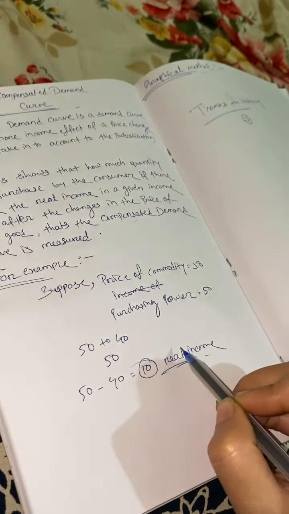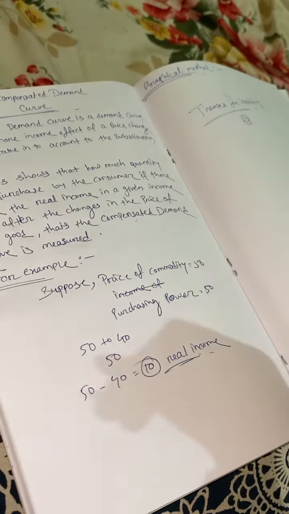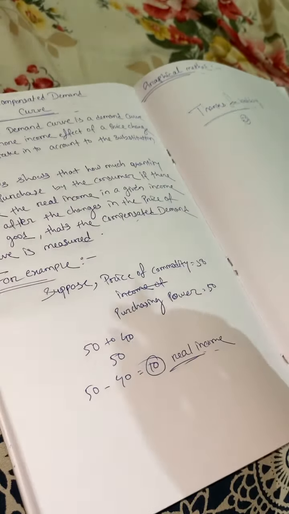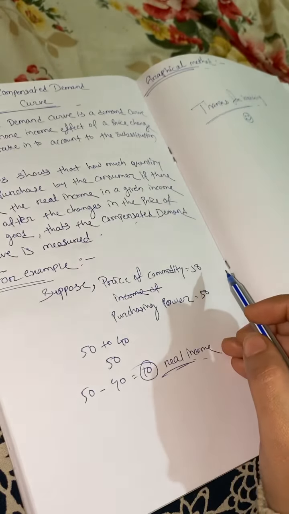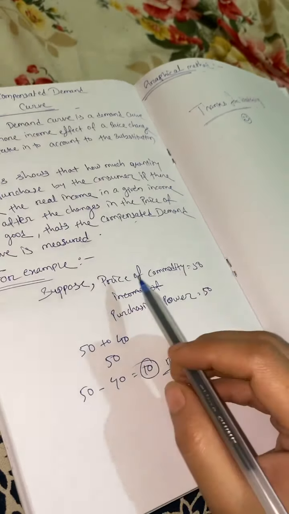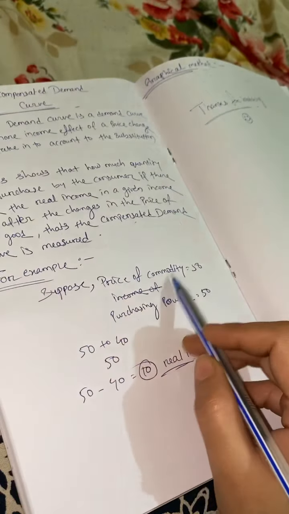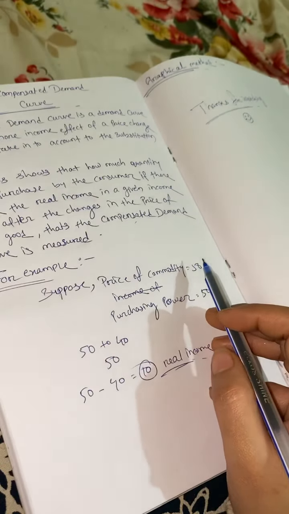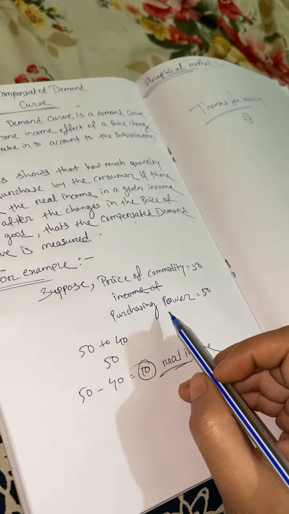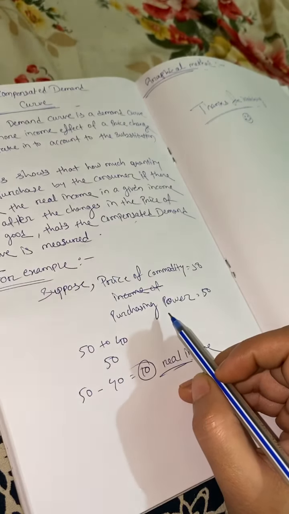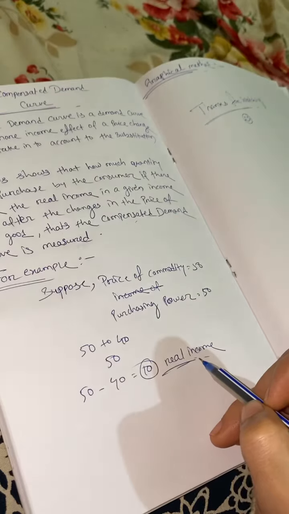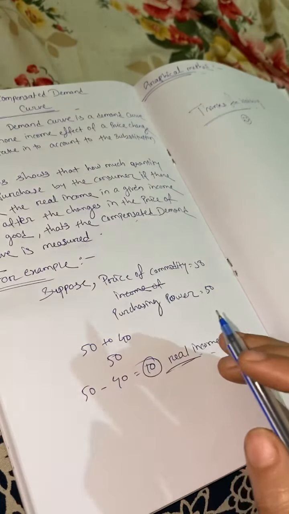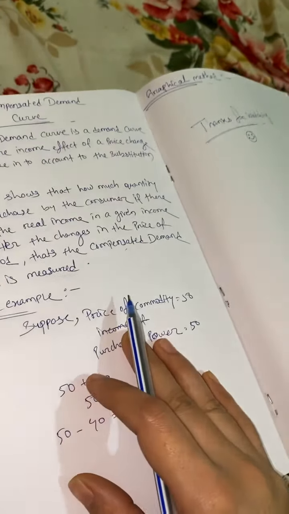And with that real income, the consumer can consume more of that particular good with the same purchasing power. And if we eliminate that real income, then the consumer will again consume the same as before. This example clarifies the compensated demand curve. Now we will define this with a graphical method.